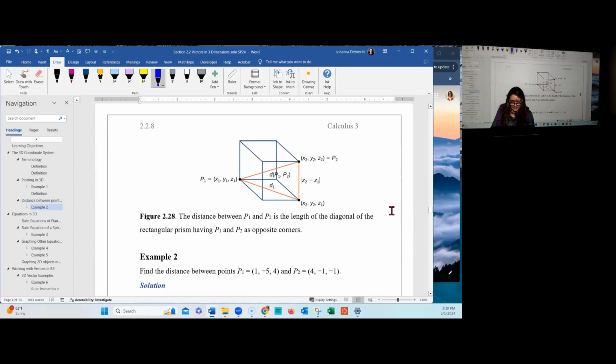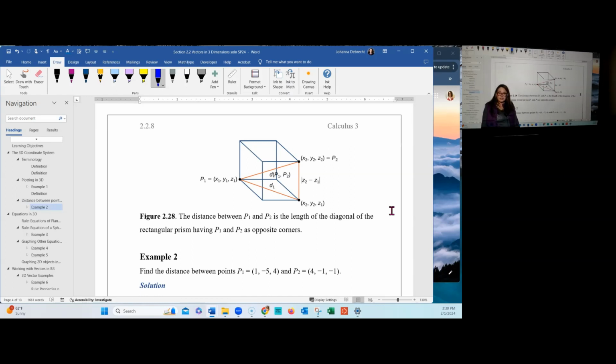In 3 dimensions, it turns out that the rectangular parallelepiped or rectangular prism, the box, if you will, that connects the 2 points, the distance between the points is the diagonal of that box from one point as the lower corner through the box diagonally to the opposite upper corner. And that becomes the distance between those 2 points. So it is, in fact, in a sense, the hypotenuse of the triangle that you see here in red, which is also, of course, a right triangle.